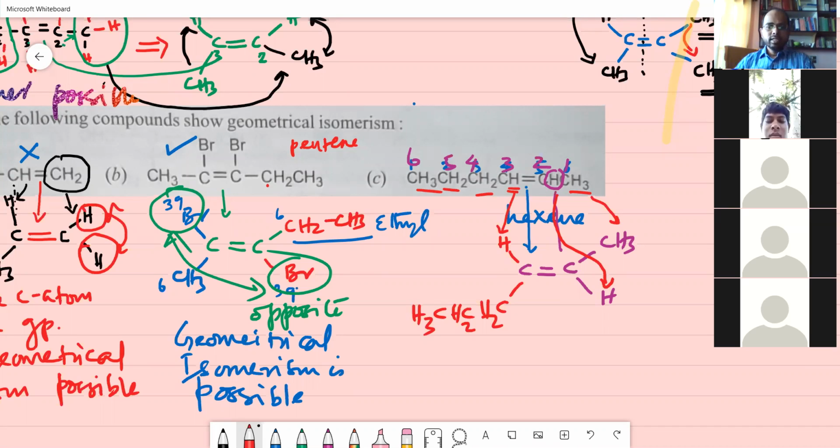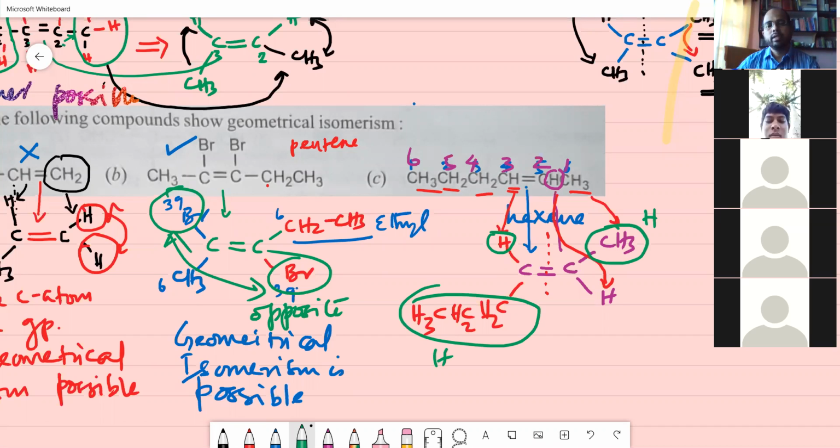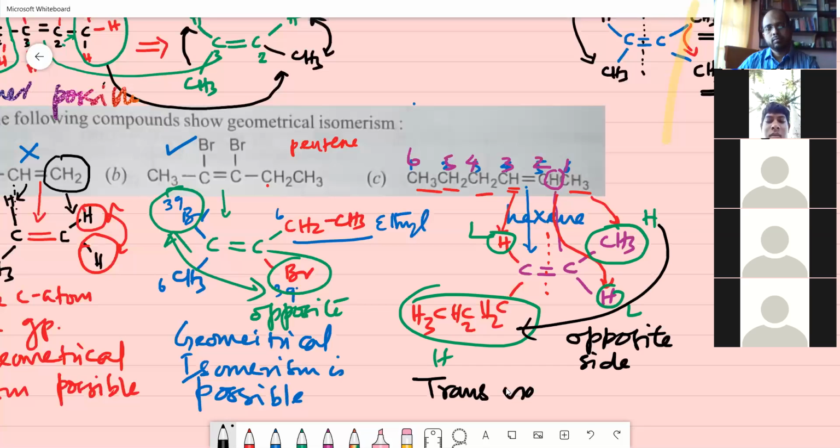Now you can see that if you draw a line like this, you get high priority here and another high priority here, low priority here and low priority here. That means opposite side, trans isomer is there.